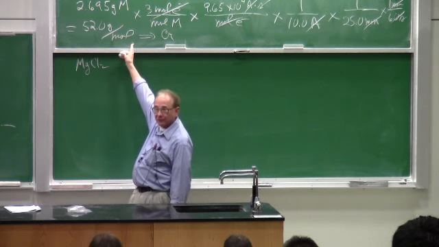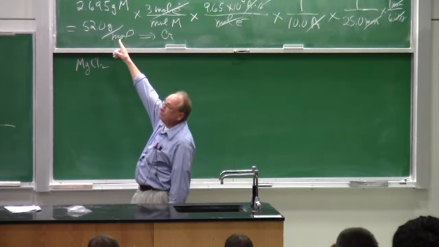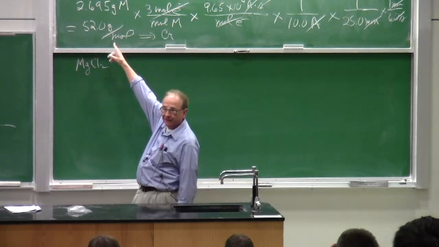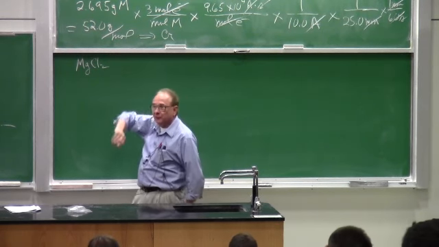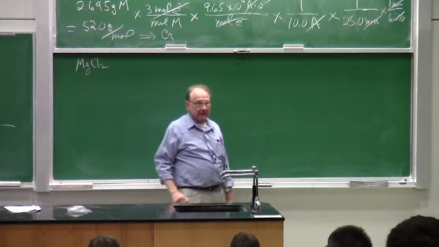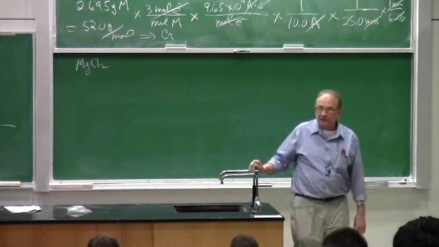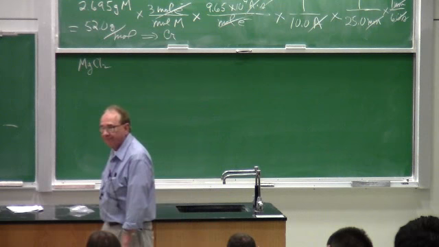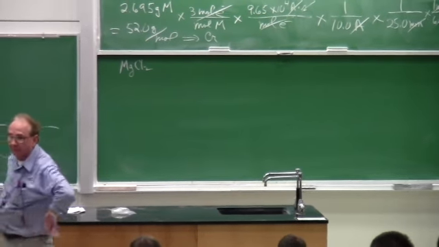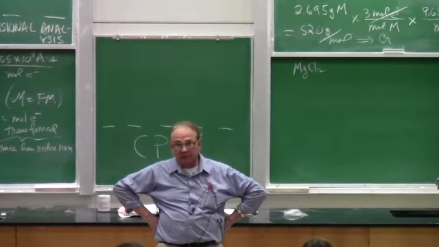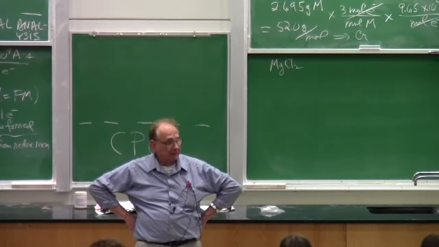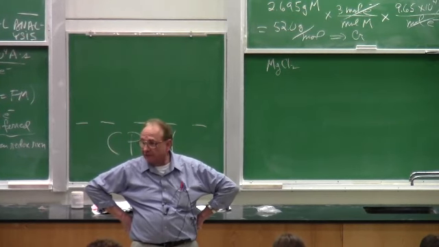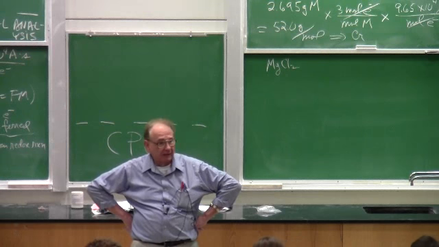Now, when I electrolyzed the chromium chloride, I got 2.7 grams practically, okay? Instead of 2.695, we'll call it 2.7 grams. Am I going to get a sample of magnesium which has a mass greater or smaller than 2.7 grams? Smaller. And I don't need any fancy arithmetic to support that conclusion.